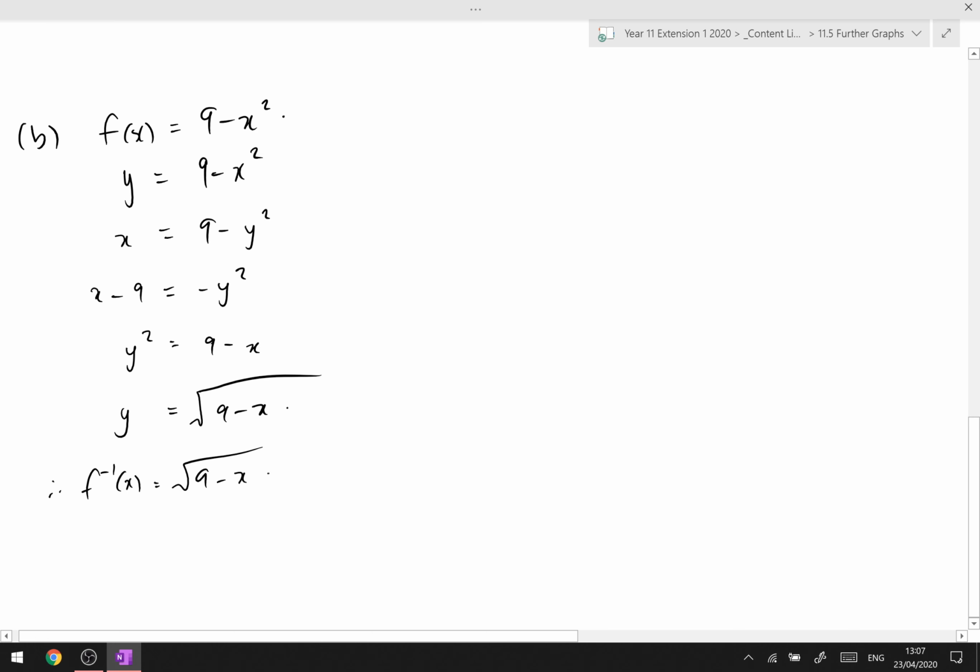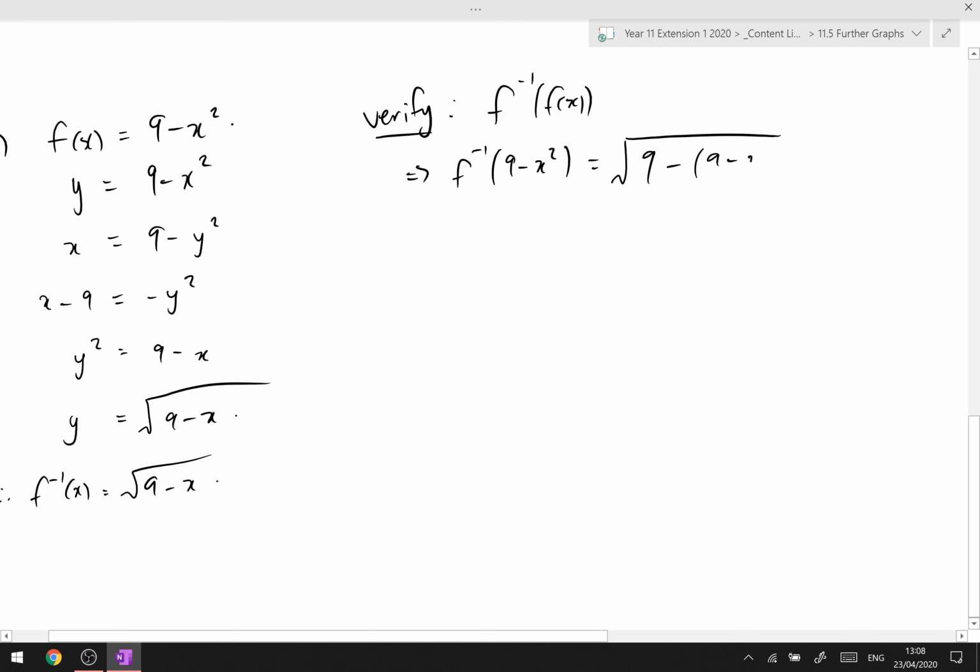So square root of 9 minus 9 minus x squared, okay, like that. So simplifying this one out, we're going to get square root of 9 minus 9 plus x squared. Okay, the 9 and the positive 9 are going to disappear again, just like before. So we're going to be left with the square root of x squared, which is just equal to x. Okay, so that one works.